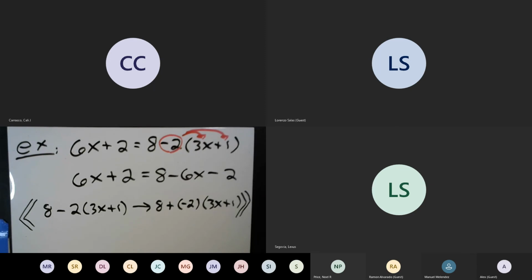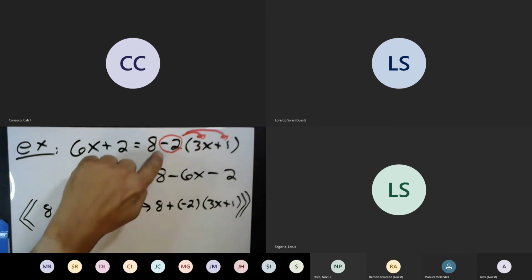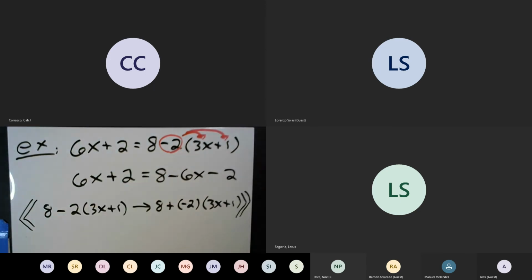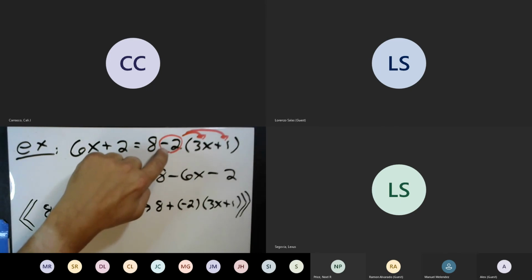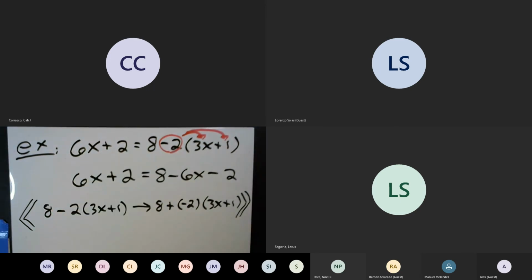We can think of it like that. And again, it's that idea that subtraction can be rewritten as adding a negative. So that's essentially what we're doing here. This is just a real nice shortcut. We'll just remember to distribute the minus and the 2. But in the background, this is what we're really doing. And the -2 times 3x, -2 times 1.